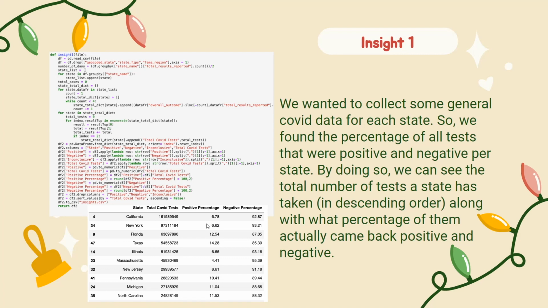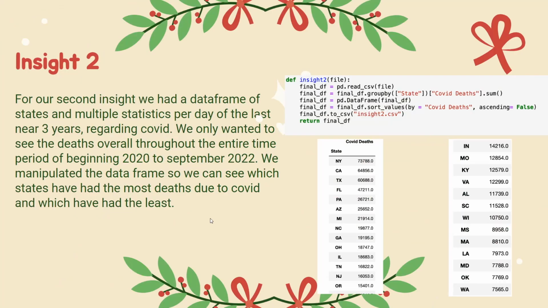California and New York are both in the bottom 10 states for positive percentage, meaning they have some of the lowest. And that becomes more significant with Insight 2, which was another clean data frame we went through.